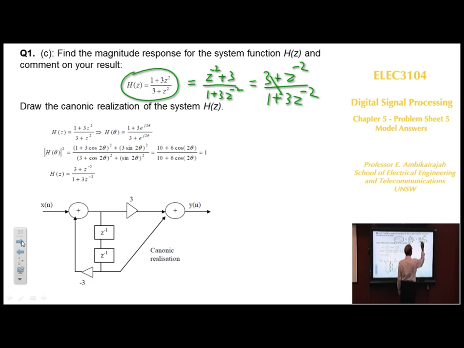Now we learned yesterday these coefficients are roughly the same, so in that case it will look like an all pass filter, but we'll prove that.